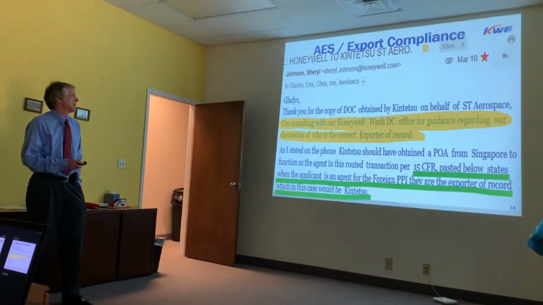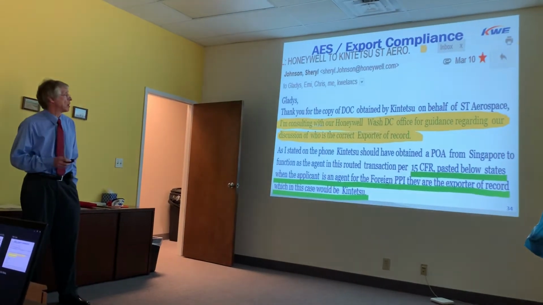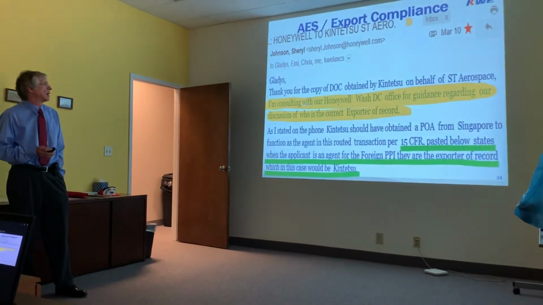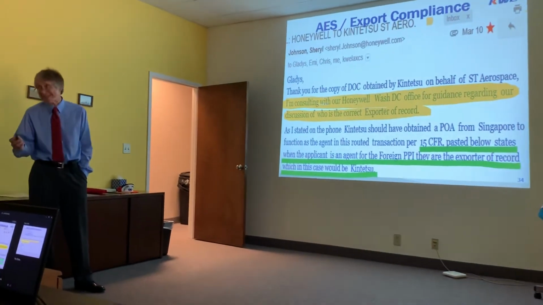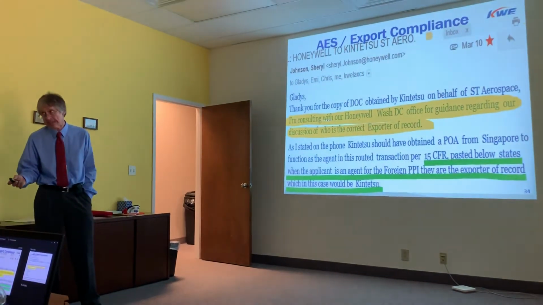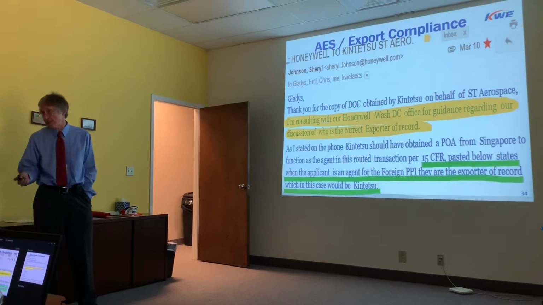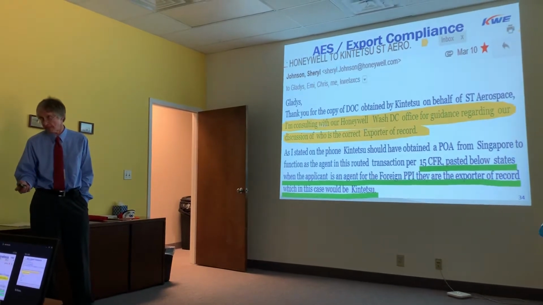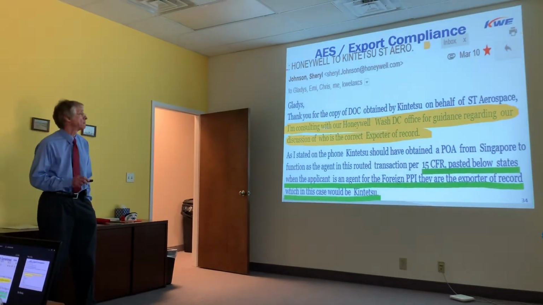Well, we got into a dispute with this person at Honeywell, questioning our responsibility to report them in AES as the USPPI. Their position was that because we applied for the license on behalf of ST Aerospace, we should be reported as the USPPI.